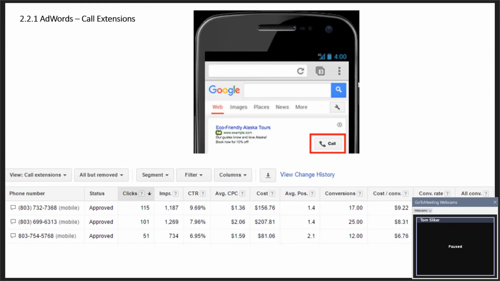You can use your own real number there, or you can get a Google number. One of the main advantages of using a Google number is that when people call that number, it'll be tracked as a conversion. You'll know where it came from, so you'll know that that call came specifically from a particular ad or a particular group or whatever it is that you're set up for.